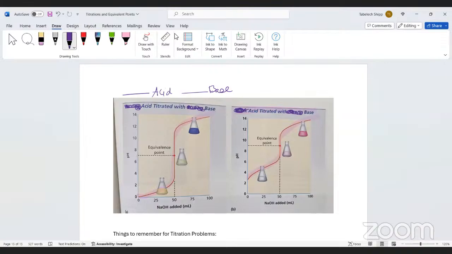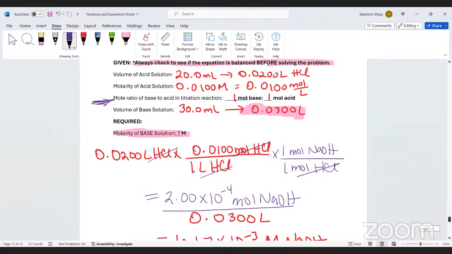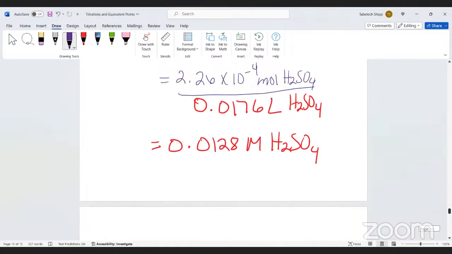So for instance, and this may not be your question, but if you did this problem right here, okay, let me go back up to this one. And I tell you to calculate the pH of this problem right here, 0.0128, to see how strong or how weak it was. You could just take the negative log of that value to get the answer.